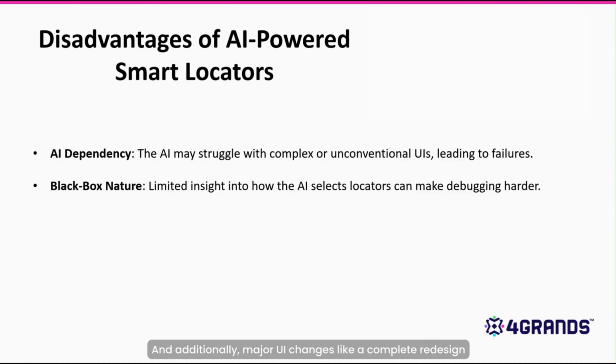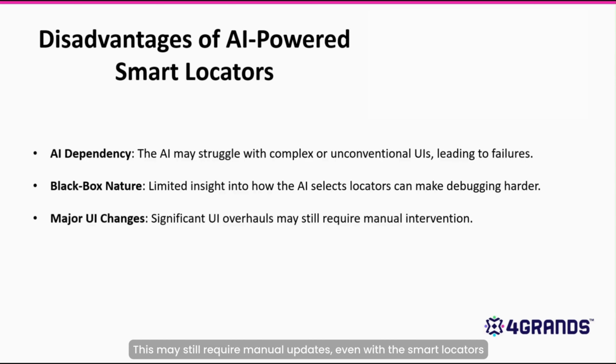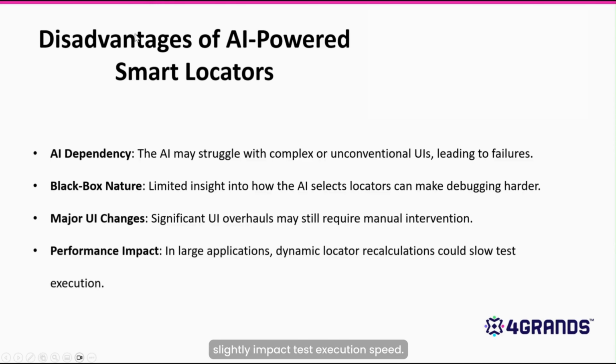Additionally, major UI changes like a complete redesign may still require manual updates, even with smart locators. And finally, in very large or complex applications, the dynamic recalculation of locators might slightly impact test execution speed.